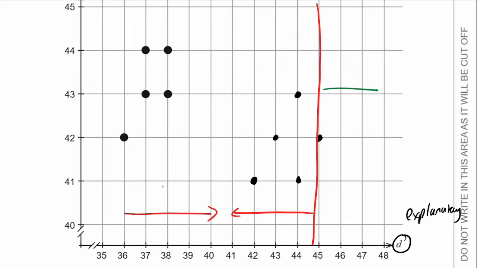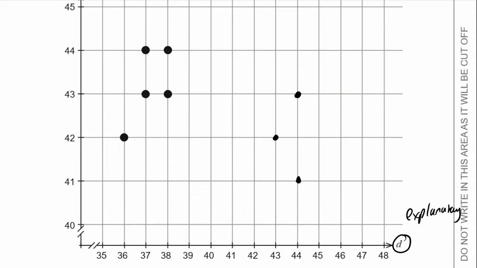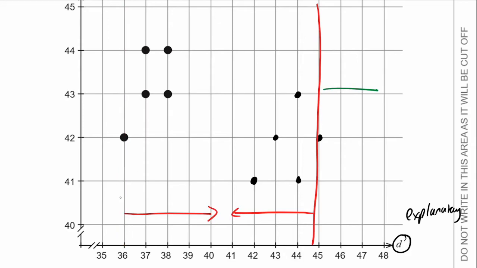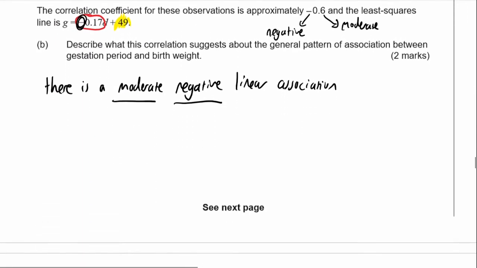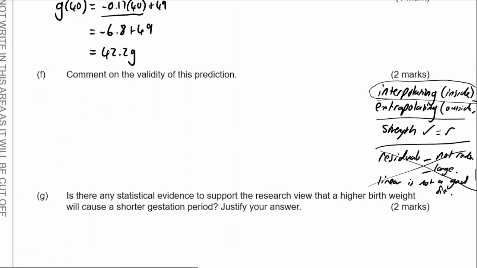Here we go. So we're predicting at 40. Oops, too much. Got a bit too excited there with my eraser. We're predicting at 40. So at 40, we said it was 42.2. That's well within the interpolating region. But we also need to consider the strength of the relationship.